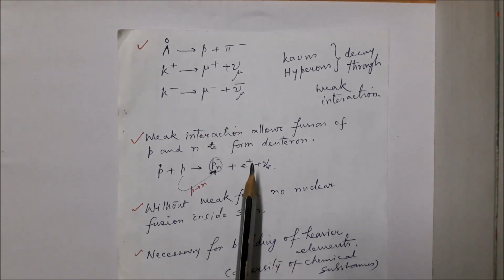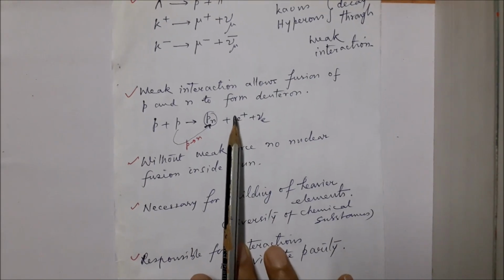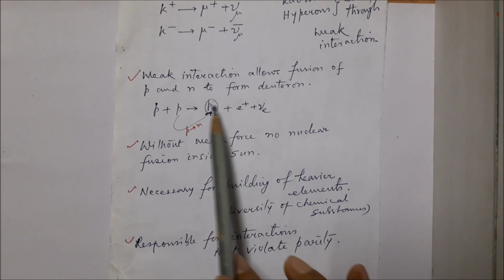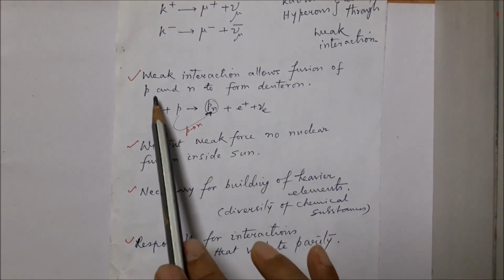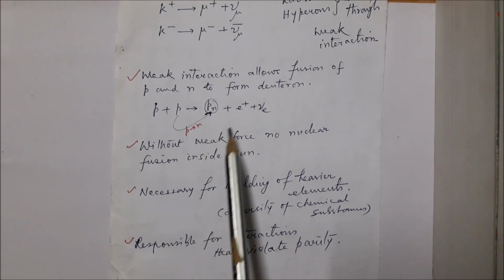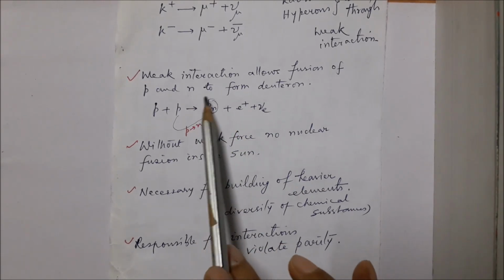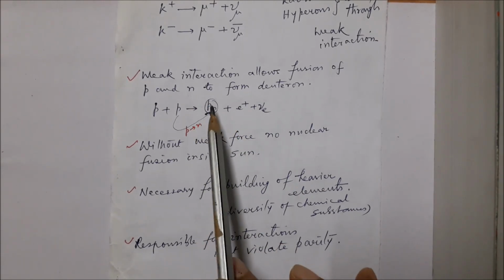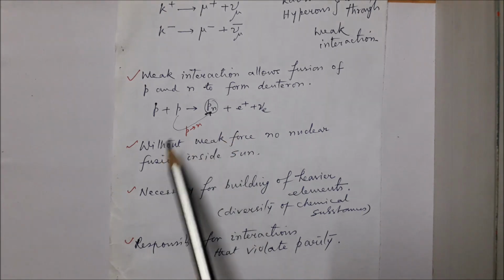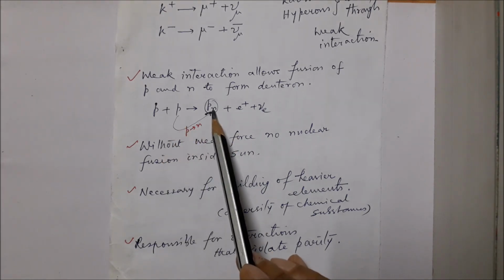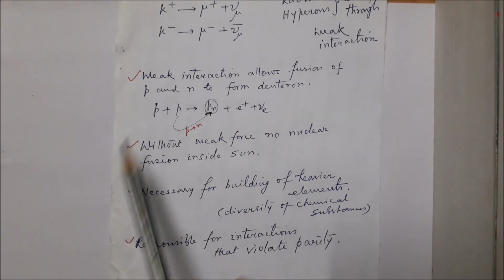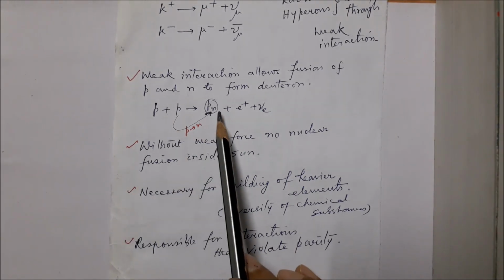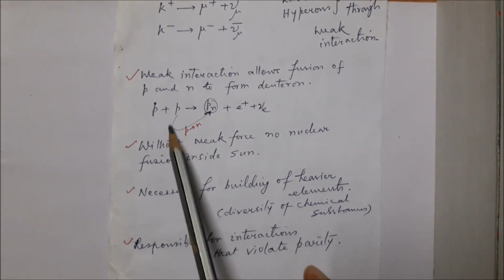The weak interaction has a significant role in the fusion of proton and neutron, and the fused state is a deuteron. Here a proton has been converted to a neutron and then fused with this proton. This is possible only because of weak interaction, this conversion.